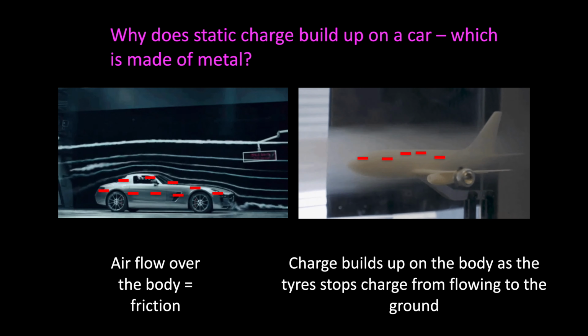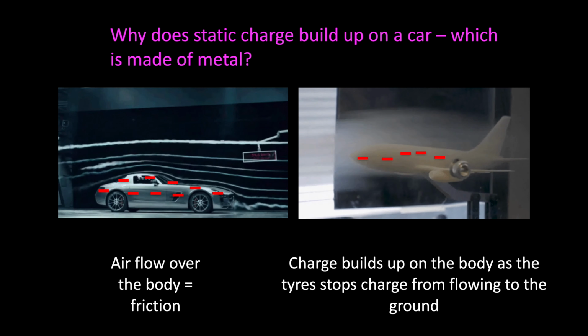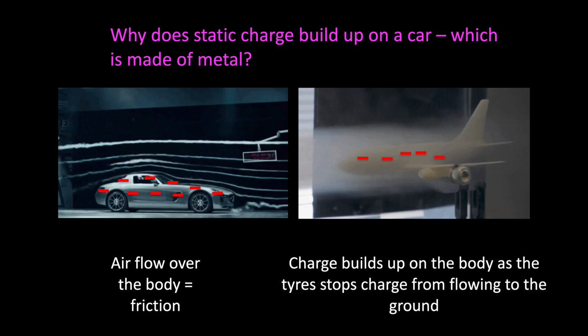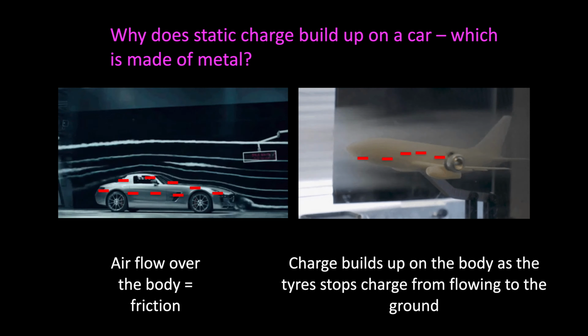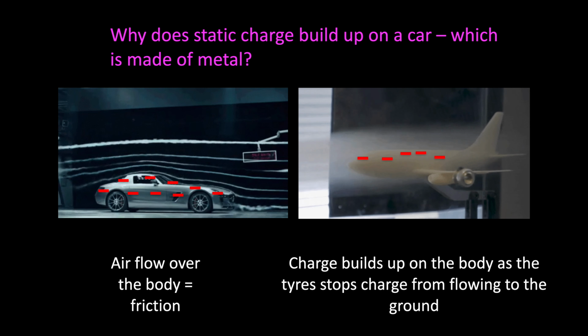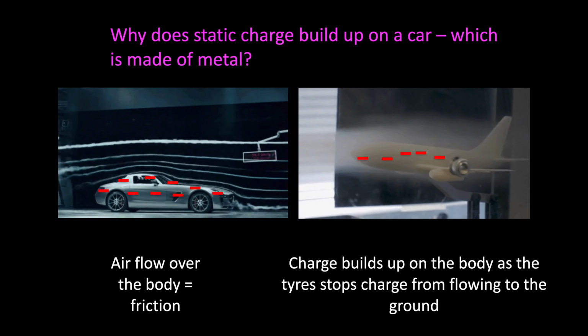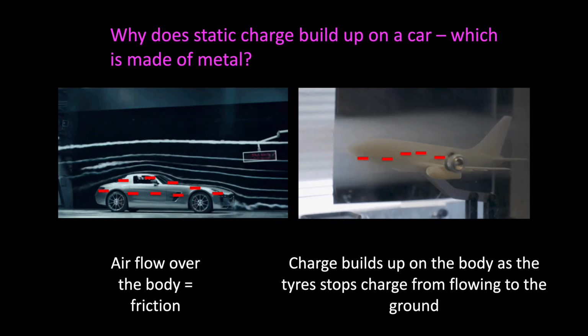And the charge doesn't transfer to the ground, as we have the tires made out of insulating material. The tires are made out of rubber, obviously. So the charge remains on the body of the plane and the car. Now this isn't often extremely dangerous, but it can be dangerous, like we see here.